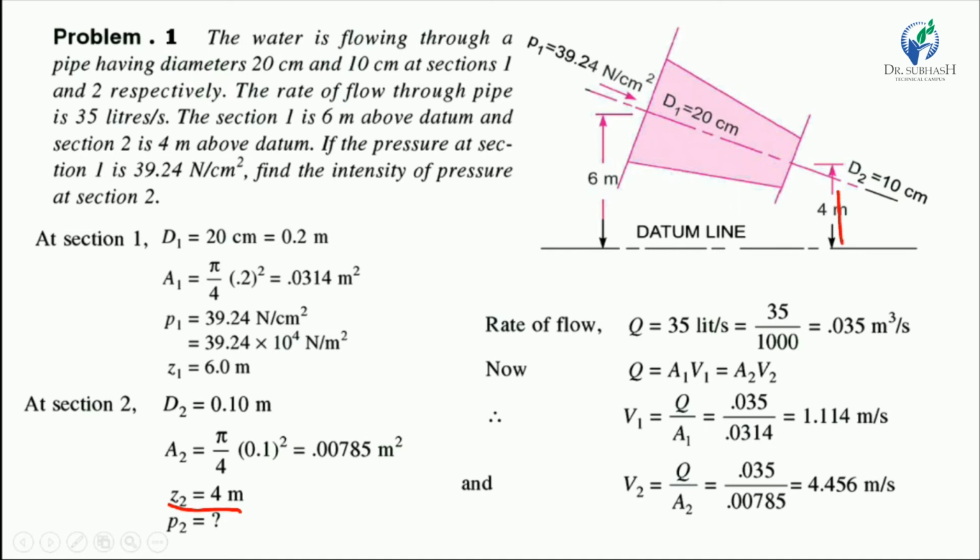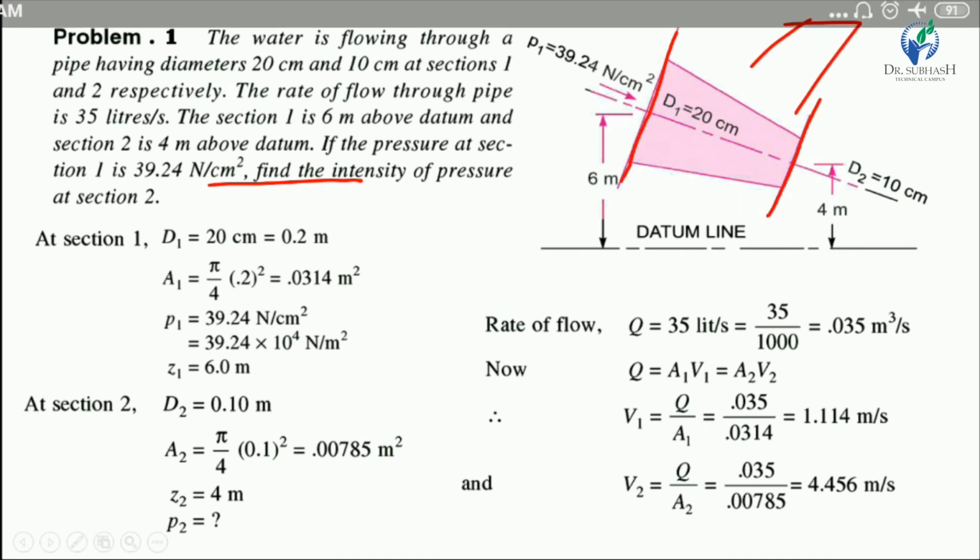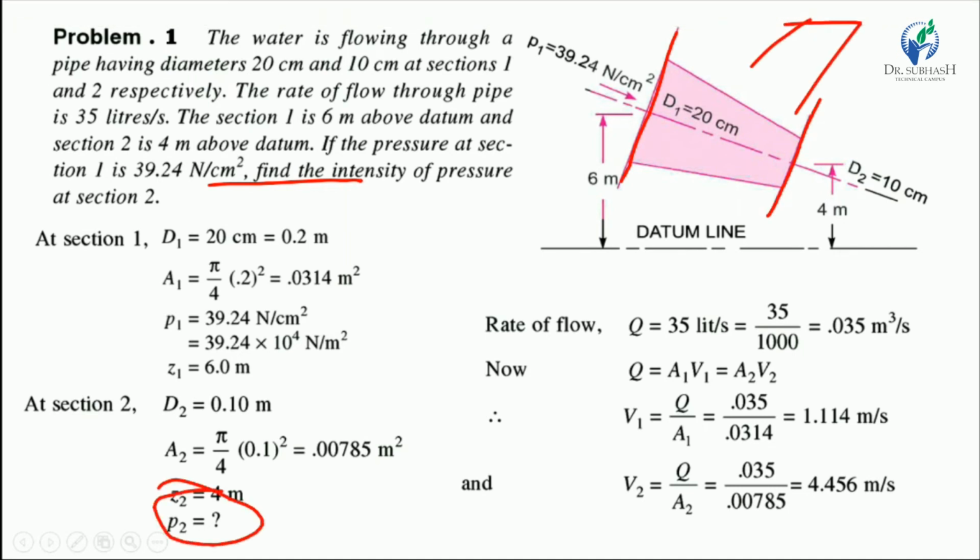Z2 height is 4 meter and we have to find out P2. Now we have to apply Bernoulli's principle at section 1 and section 2, so we can get the pressure intensity P2 at section 2.